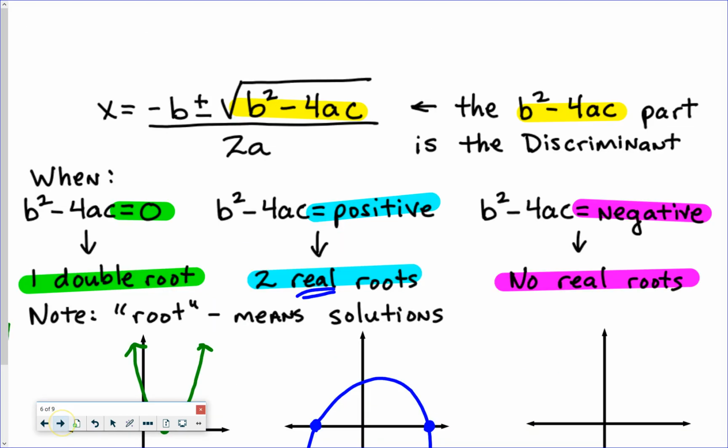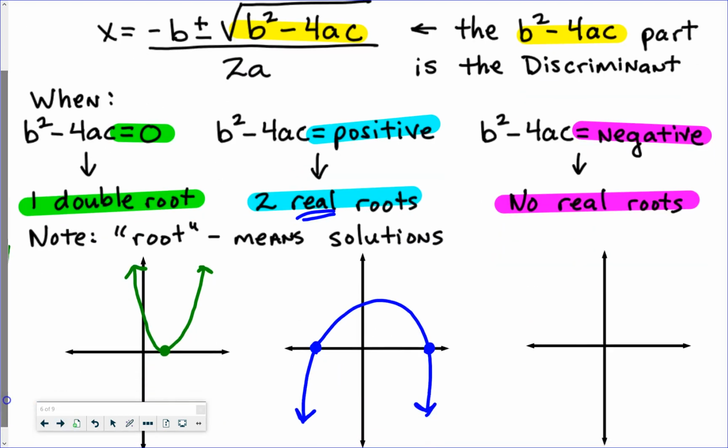So because we got a negative underneath that radical, my answers were what? They were not real, they were imaginary. So we don't have any real roots. Instead, we have two imaginary roots. So a negative discriminant means negative under the square root, which means we have to have an i.